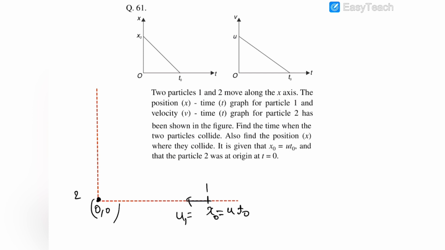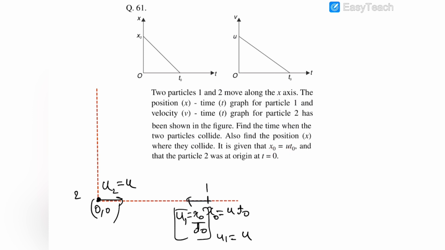So it is equal to x naught by t naught. I have not used a negative sign because I have already assumed that u1 is in the backward direction. The initial velocity of particle 2 is u in this direction. So u2 is equal to u, and u1 is also u, because if you substitute the value of x naught by t naught, then it is u.